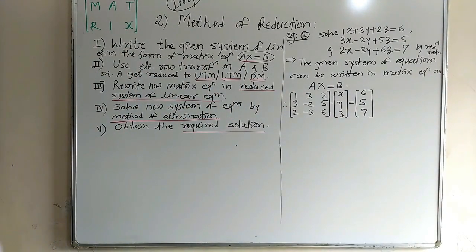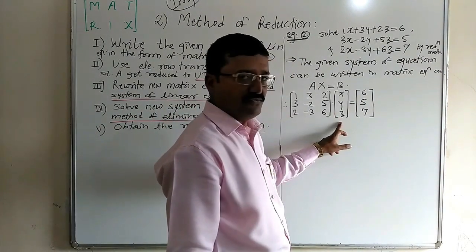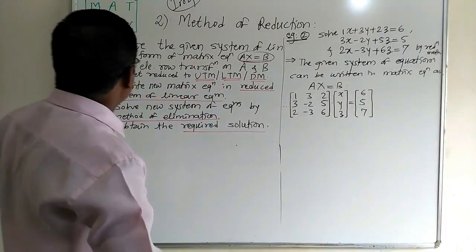So we can easily write this matrix equation Ax equal to b. Here this is the matrix of coefficients, this is the matrix of variables, and this is the matrix of constants. Now this is our first step.